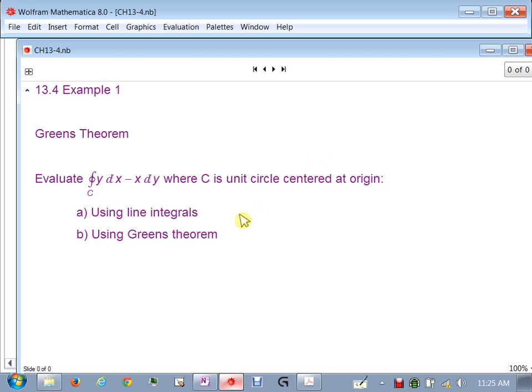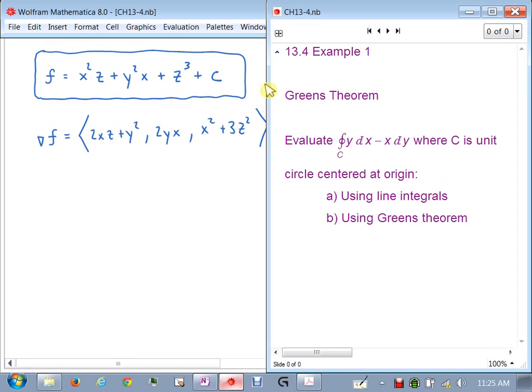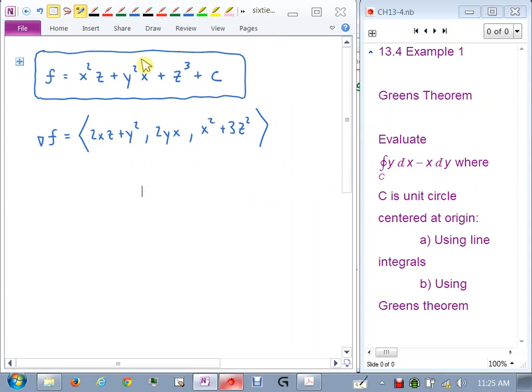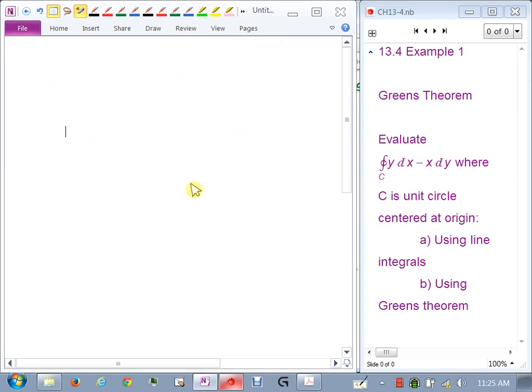Now, I want us to do this two ways, using a line integral, so using the stuff from the previous section, and then using Green's theorem, and let's see which one is better, because one's probably going to be better than the other. So the first thing I need to do is maybe take a look at what we're trying to evaluate here.